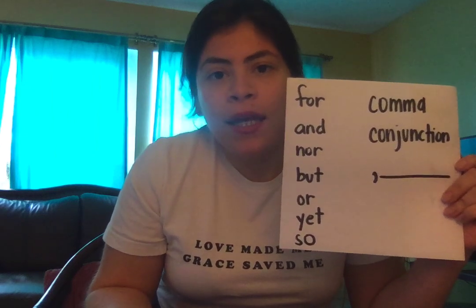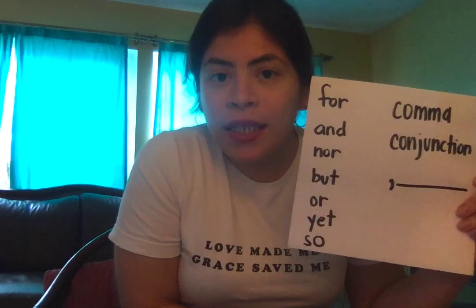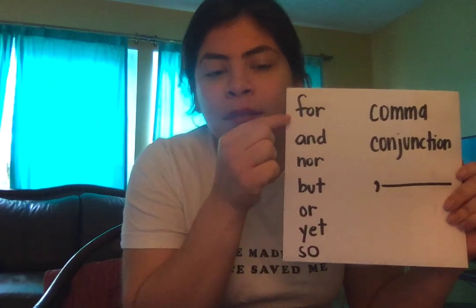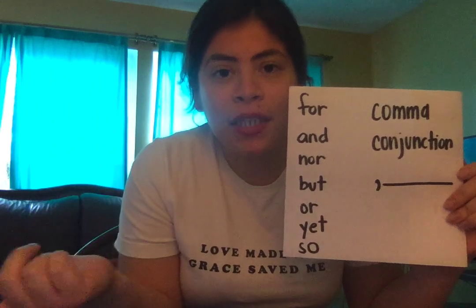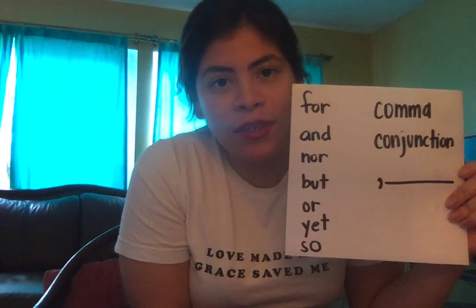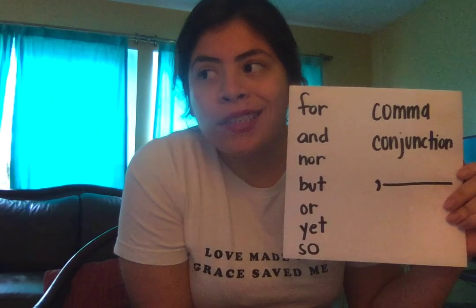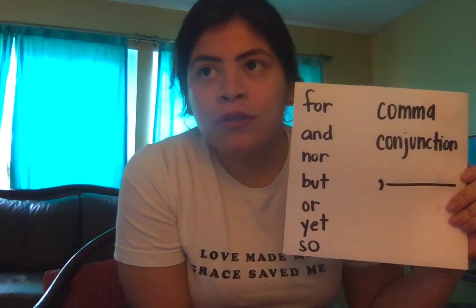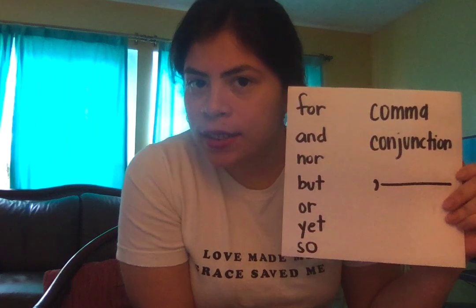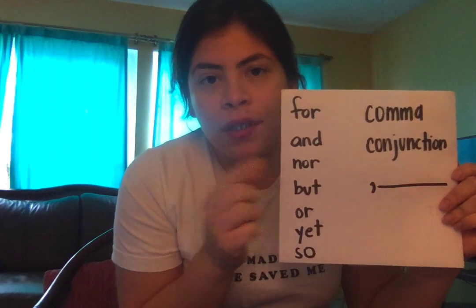So I can say the census is important for we need a head count every 10 years. Okay? So the census is important for we need a count every 10 years. That would be a compound sentence. And I already gave you an example for and. Nor. Okay? So someone can say, I didn't do the census in 2010, nor am I doing it this year. That's not a good decision, but that's an example of a sentence that has nor.